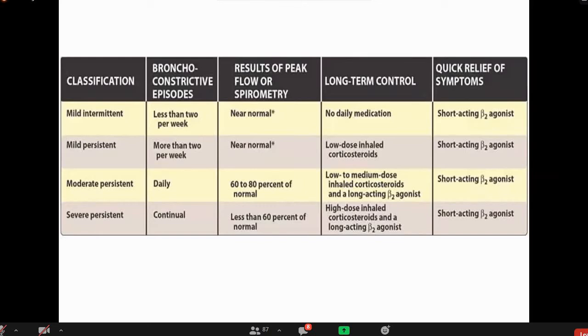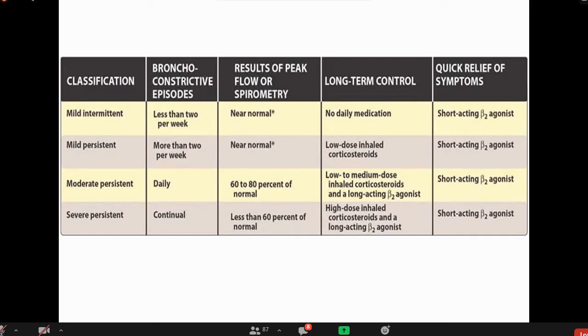Mild persistent, more than 2 per week. Long-term control medication now has to be started along with quick relief medication, right? Low dose inhaled glucocorticoids. So we start the therapy with low dose inhaled glucocorticoids.